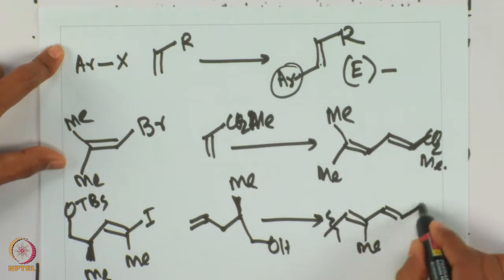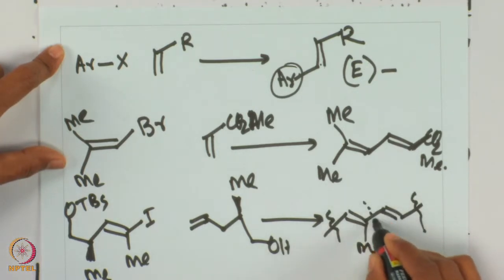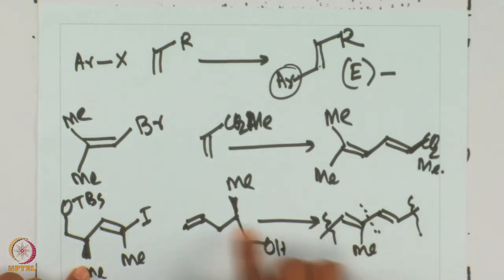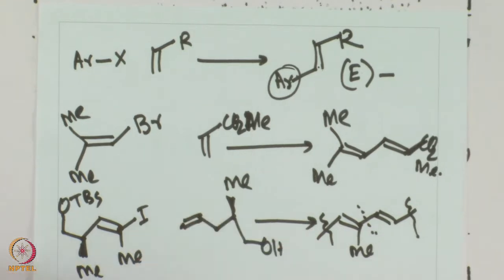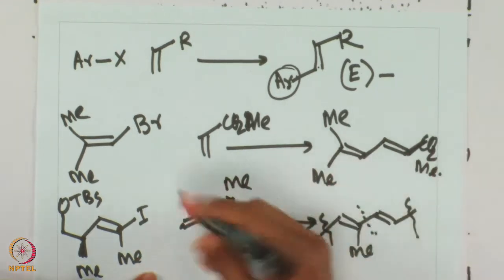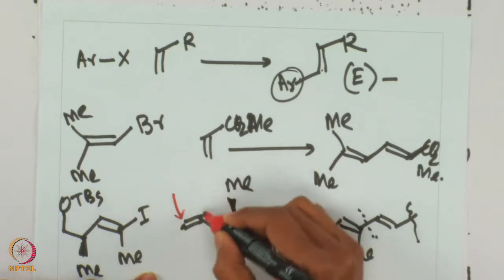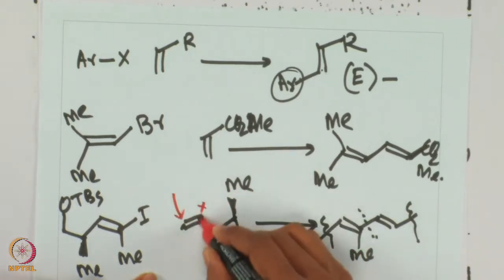So, let us not draw the whole part. So, this is the new carbon-carbon bond that forms between this carbon center and this olefin, and that is how we see that it is getting substituted at the less hindered position, not at this center. So, substitution is not happening at this carbon center, it is happening at this carbon center, it is not happening here. Okay.